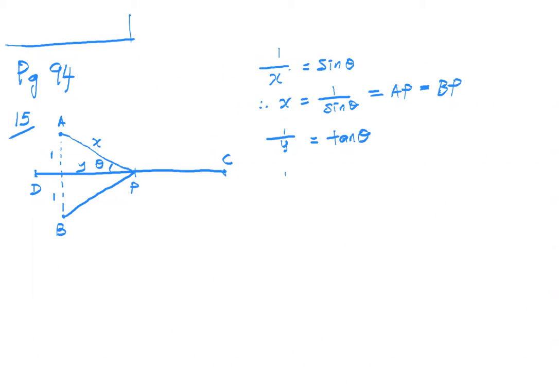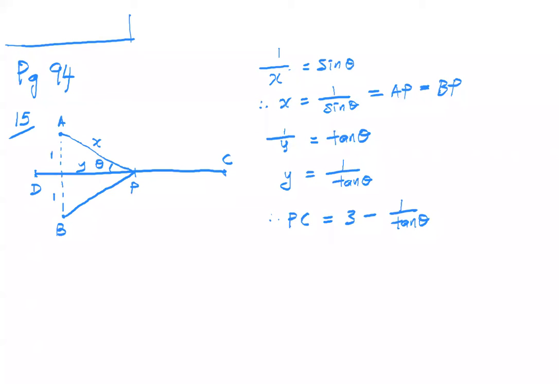So therefore, my y is equal to 1 over tangent theta. So therefore, my PC will be equal to 3 minus 1 over tangent theta. Am I right? So that part A shouldn't be a problem already, no?